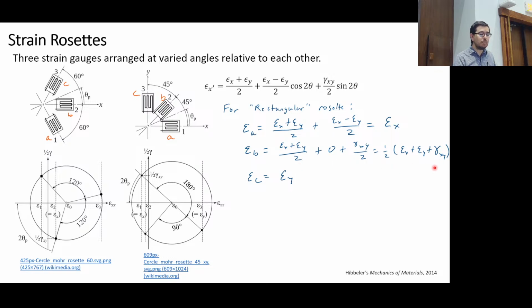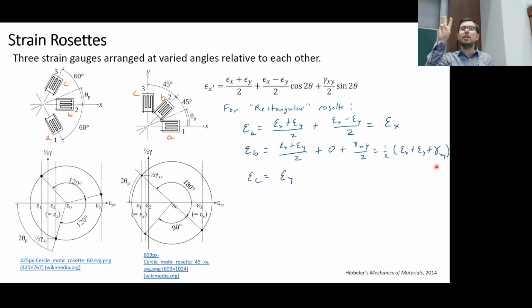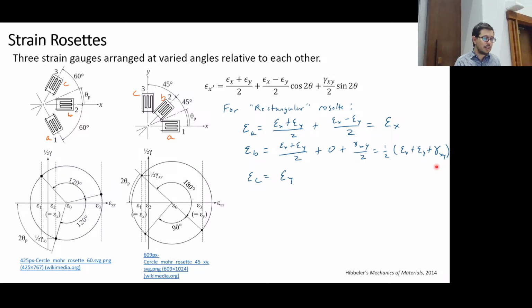See, this is the only place where gamma shows up. We're trying to figure out 3 parameters, epsilon x, epsilon y, gamma xy. We need 3 strain gauges because they only tell us one value. 3 unknowns, 3 measuring devices that only tell us the strains in those one directions. Any questions on this? Okay?